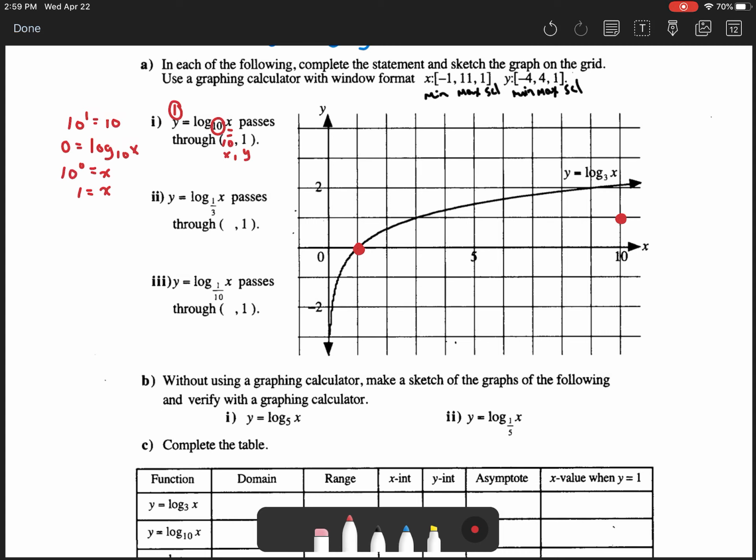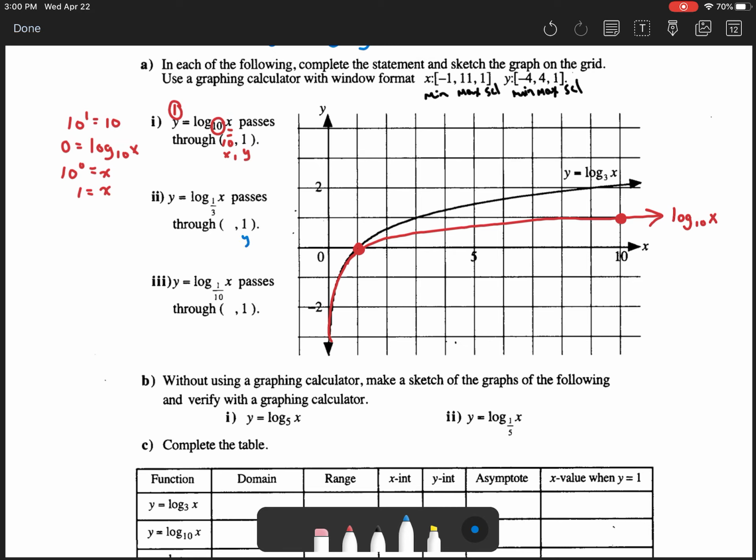So I'm going to have this logarithmic graph that passes through the x-intercept of 1 and through the other point at (10, 1). When I graph it, it comes up by this asymptote, goes through there, and gets through this point (10, 1) like so. There is my graph, and I can label it as log base 10 of x.